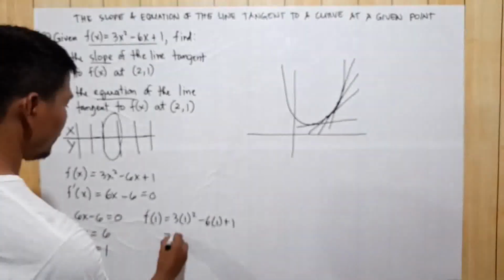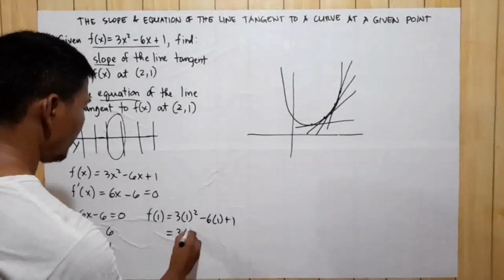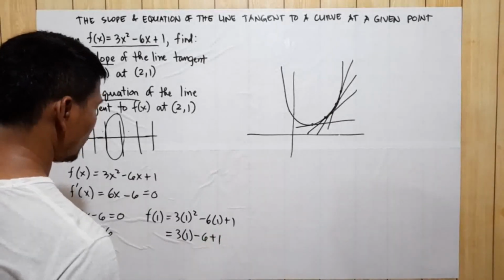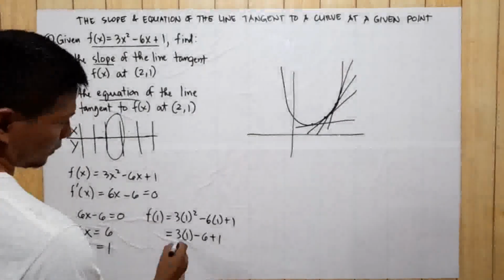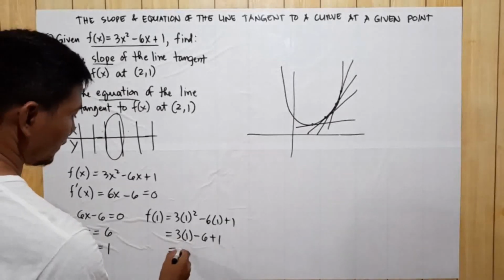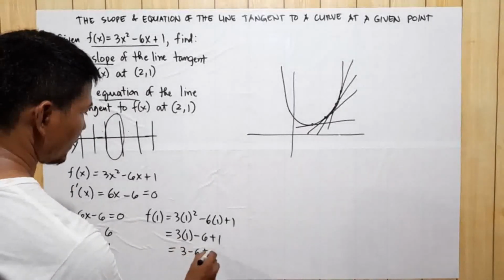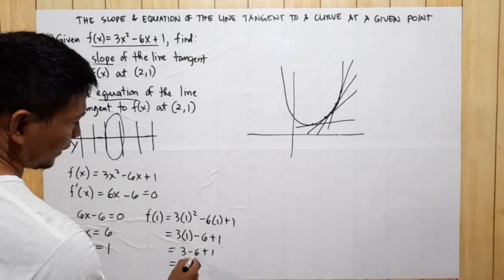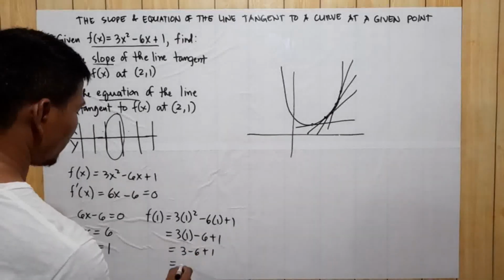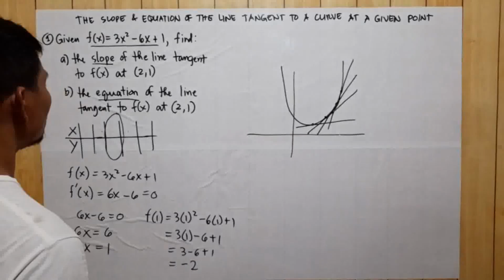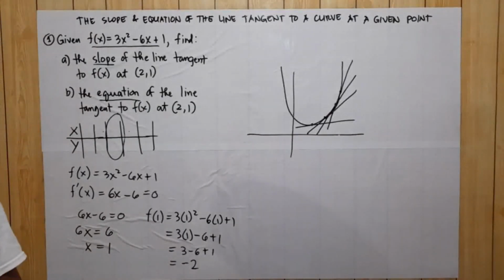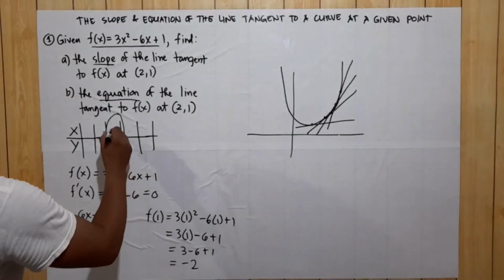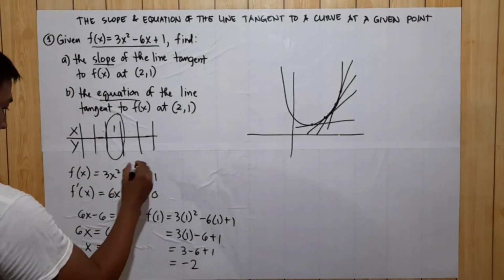Proceeding, 3 times 1 squared is 1, minus 6 times 1 is 6, plus 1. So, 3 times 1 is 3, minus 6 plus 1. 3 minus 6 is negative 3, plus 1, meron po tayong negative 2. Ngayon po, yun yung minimum point ng ating curve. So, x is 1, y is negative 2.